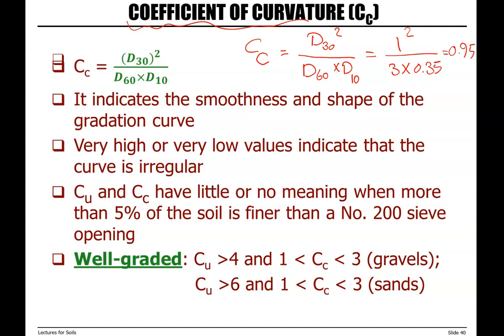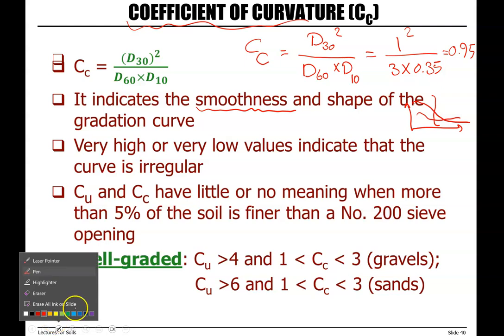Coefficient of curvature indicates the smoothness and shape of the gradation curve. Again, if we have a curve like this, or like this, or like this, very high or very low values indicate that the curve is irregular.